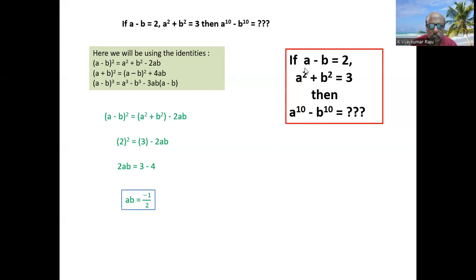So in addition to this information, we have gathered one more value, that is the ab value, minus 1 by 2. Now let us see what we know. Now let us use another identity: a square minus b square whole square is equal to a plus b whole square minus 4a square b square.